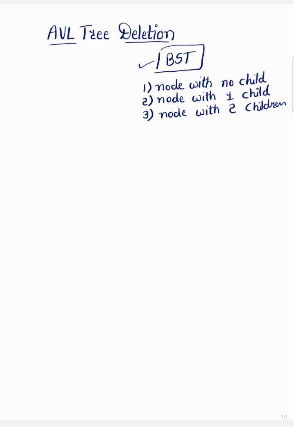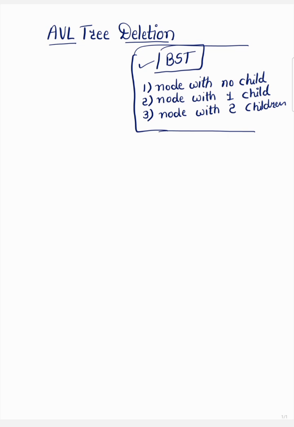In the in-order successor method, you replace that particular node with the in-order successor and delete that successor node from the tree. If you follow the in-order predecessor method, then you do the same with the predecessor value. So these three things are the basic criteria that you need to follow while deleting a node.